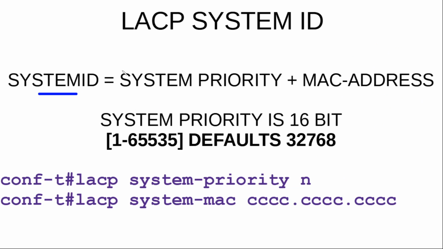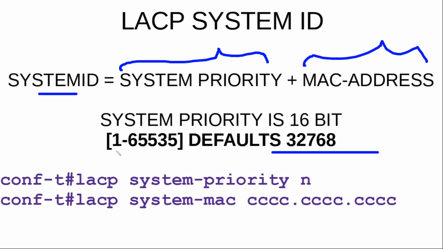With LACP, we have something that is known as the system ID. The system ID is made of system priority and MAC address. By default, this is the system priority. You can change it, and you can also change your MAC address with a particular command. This is the way to change your system priority or your system MAC.